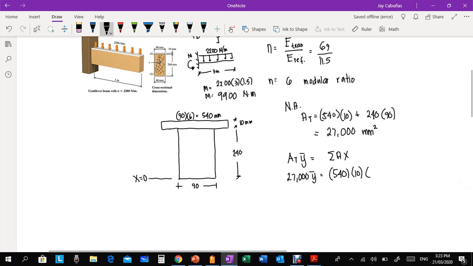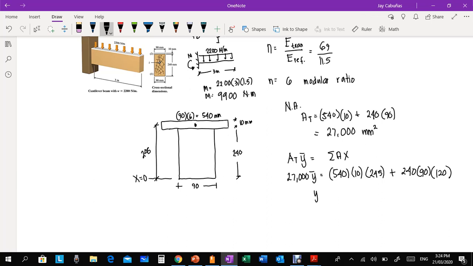times the distance from the centroid up to this point, that is what? 240 plus 10 minus 5, tama ba? 240 plus 10 minus 5, we have 245. Okay, it's 245 sunod plus 240 times 90 times 240 divided by 2, that's 120.